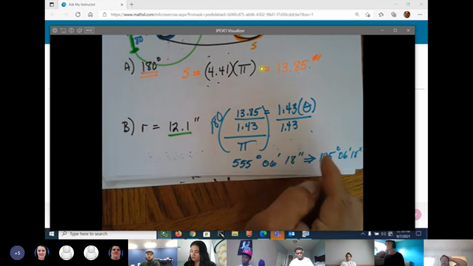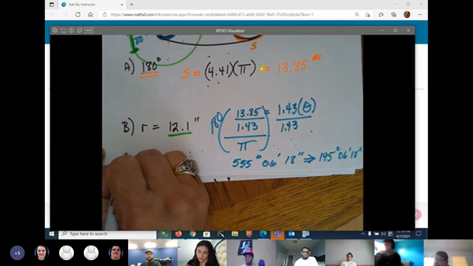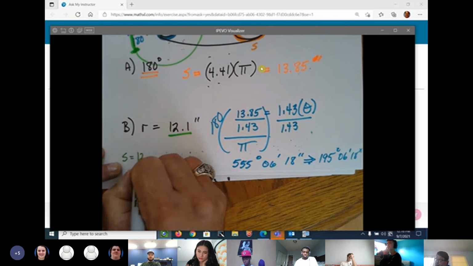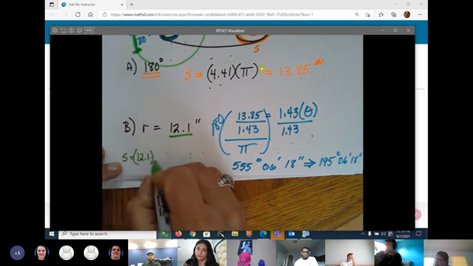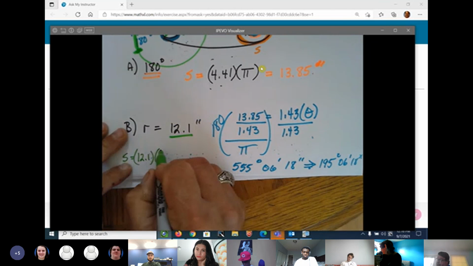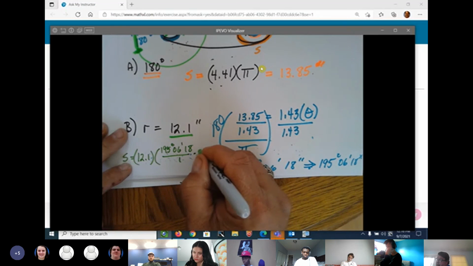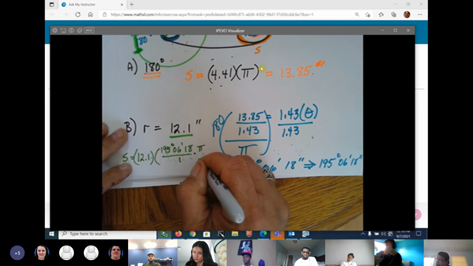We just got to change 195.0618 to radians. So the green S is going to equal 12.1 times 195.0618 times pi over 180.